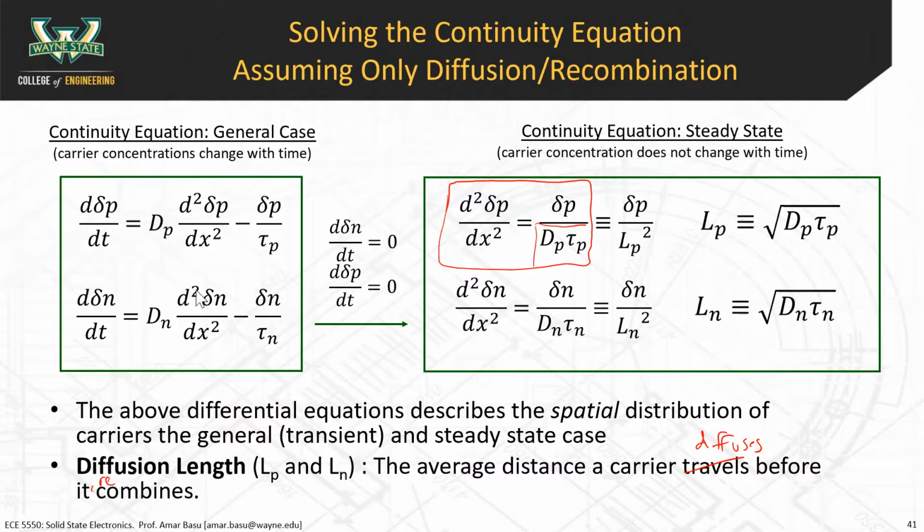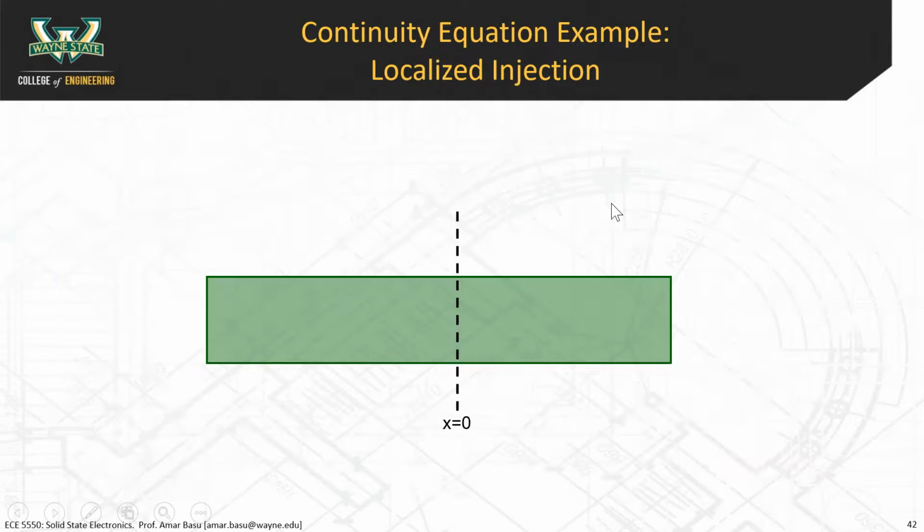So let's do an example of the steady state continuity equation. Here's the continuity equation example. This is what's called localized injection.